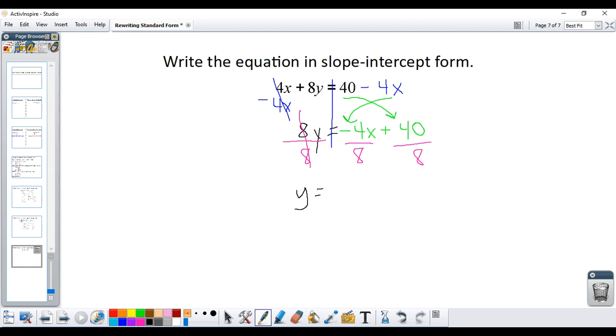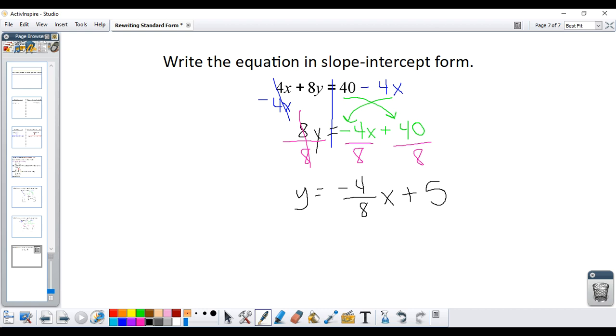I cannot do 4 divided by 8. I'm going to get a decimal. And I don't want my slope, when I am dealing with slope-intercept form, we don't want our slope to be a decimal. So I'm going to leave it as a fraction right now. Negative 4/8x. And then a positive 40 divided by 8 is positive 5.